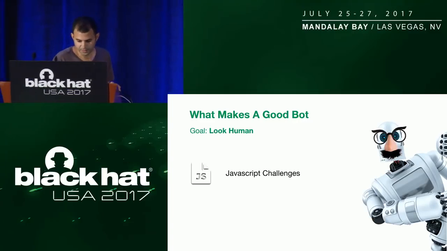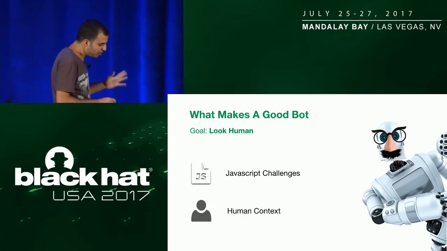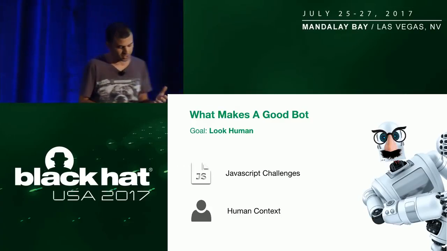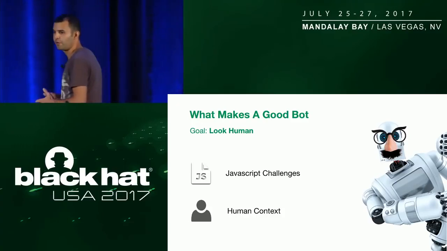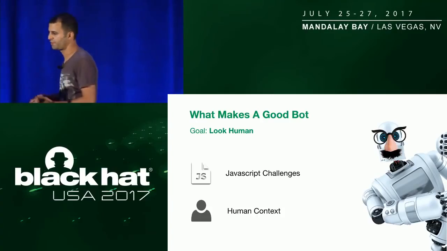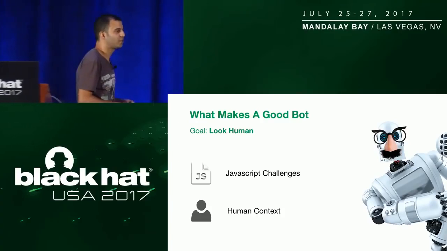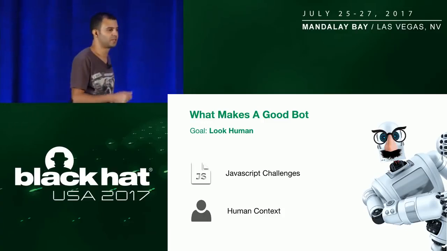The second thing is what I like to call human context. This includes a lot of stuff. For example, mouse movement and keystrokes, and all the human behavior involved when you surf the internet. In addition, the user context is also very important.